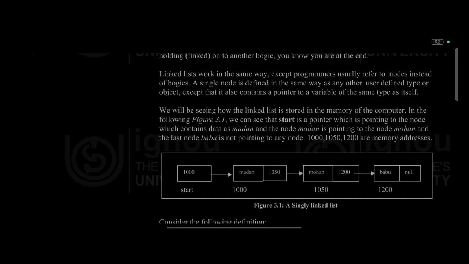In the following figure 3.1, we can see that start is a pointer which is pointing to the node which contains data as Madan, and the node Madan is pointing to the node Mohan, and the last node Babu is not pointing to any node. 1000, 1050, 1200 are memory addresses. So here you can see a singly linked list.